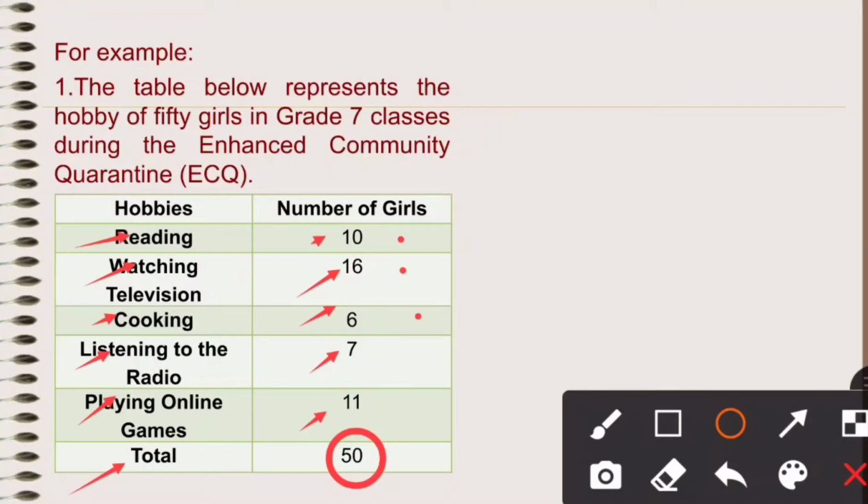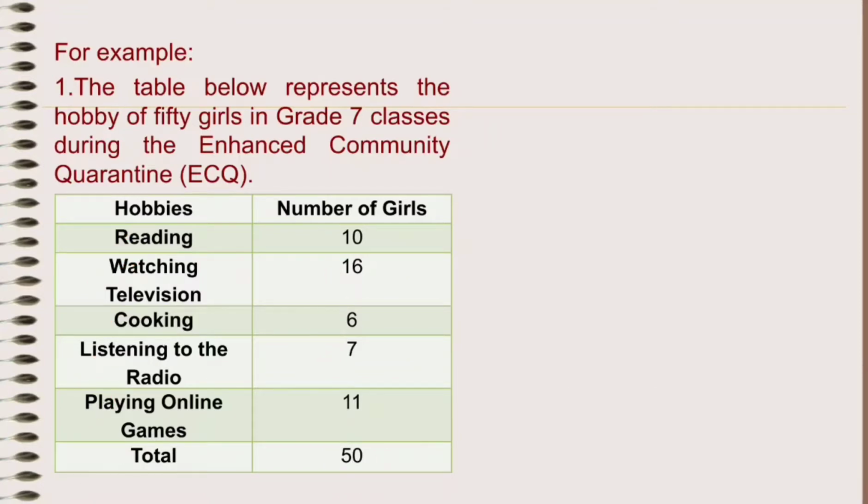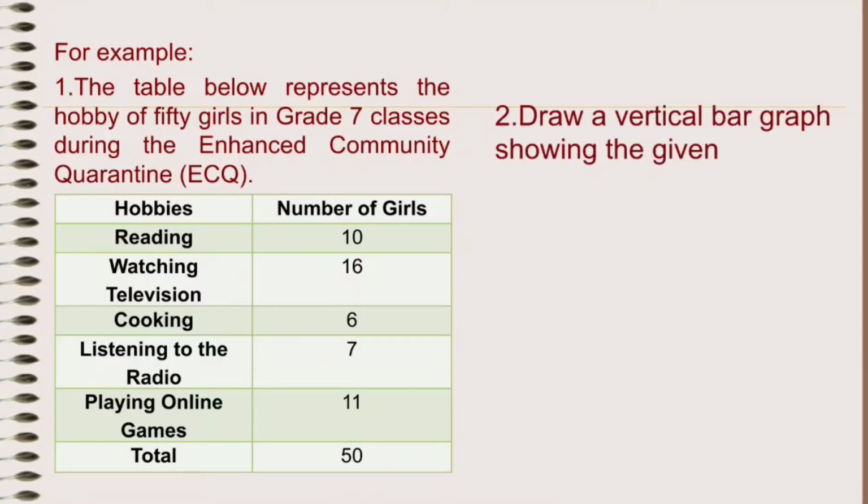Plus 6, 32. Plus 7, 39. Plus 11, 50. Okay, so we have 50. Next, after that, draw a vertical graph showing the given.